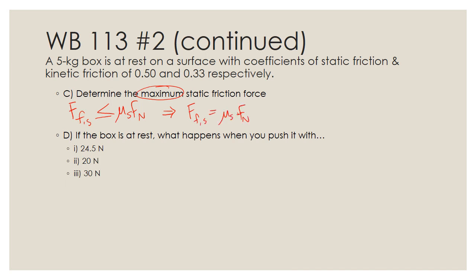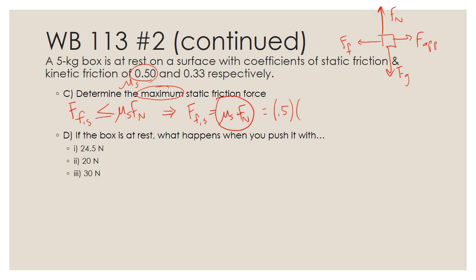Okay, so that's force of friction, static. The maximum is when it equals mu S times FN. So that maximum static friction force, that's this side of the equation. We're going to solve that by remembering that this 0.5 is our mu S, and our normal force, like it was before, if we have the same force diagram, force applied, our normal force just balances the weight.